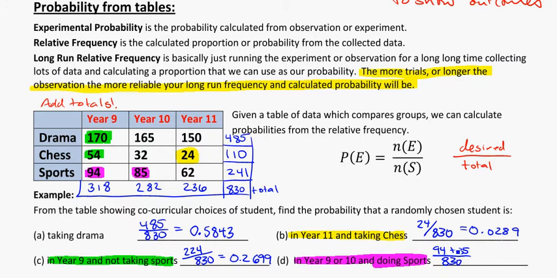So 94 plus 85 gets me 179 students out of the 830, which as a decimal is 0.2157. So it's still the same idea. Look for the desired outcomes, the students that you actually want, and out of how many total.